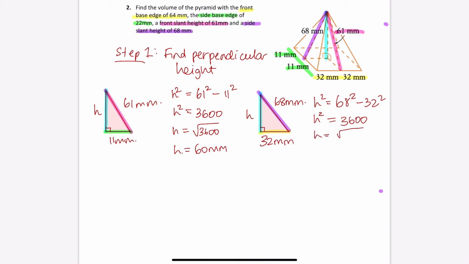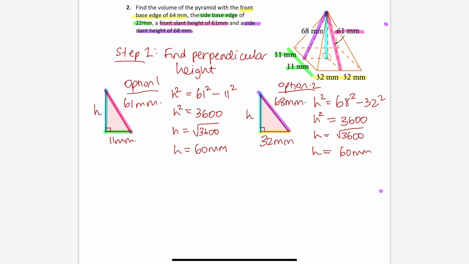Which when you square root it, gives you the same value of 60 millimeters. Okay, so that means that you could use either method. This is option 1, and this is option 2. Okay, as long as you use one of the right angle triangles, it gives you the same answer.